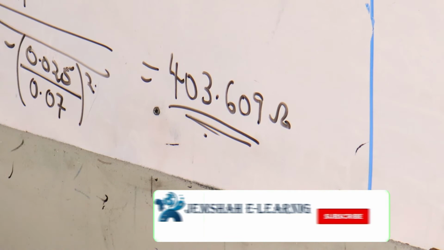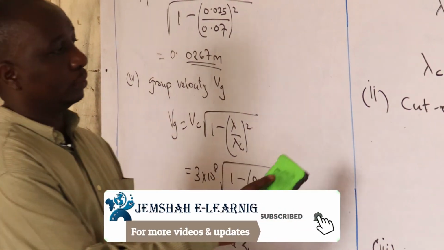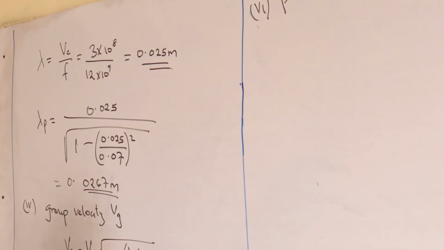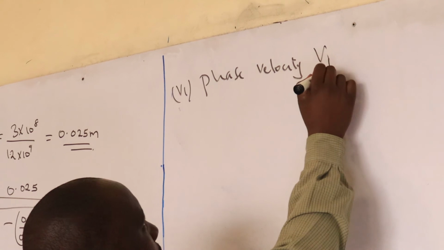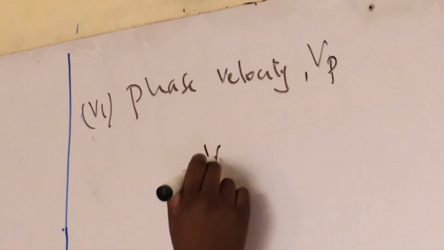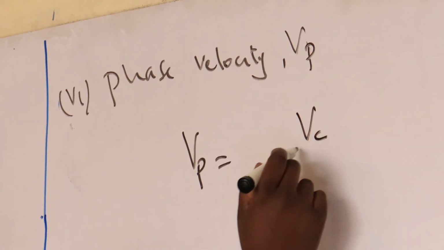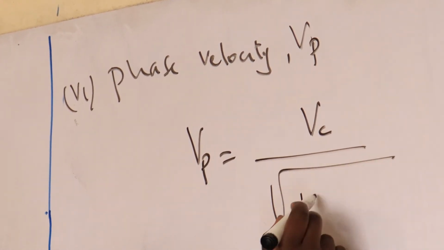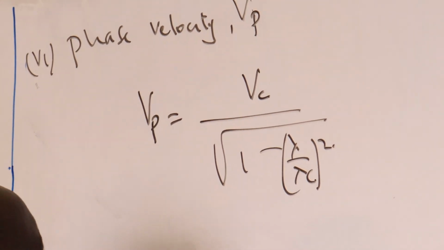So we're going to go to our last part, which is the phase velocity. The phase velocity is vc over the square root of 1 minus lambda over lambda c, squared. That's the formula.